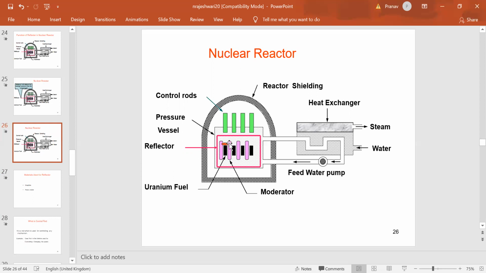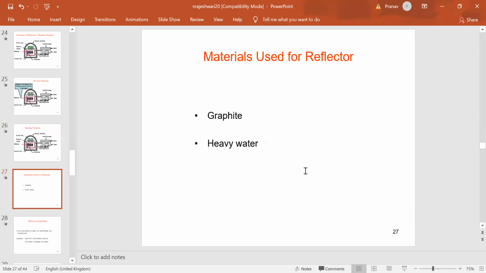And these are the moderators, and this is the feed water pump. So the materials used for reflector are of two types: graphite and heavy water.